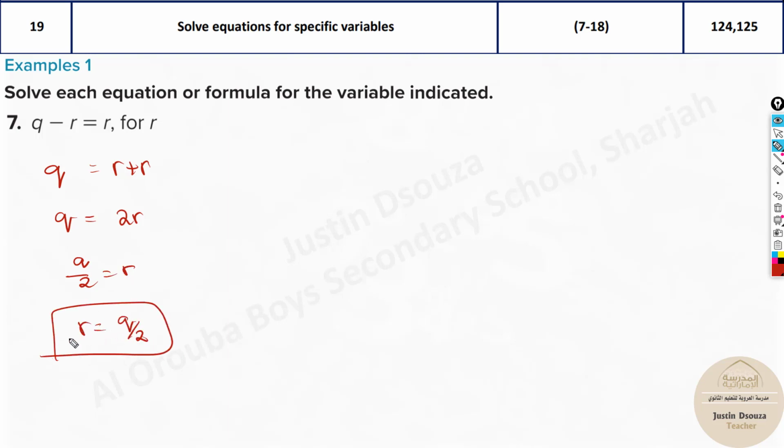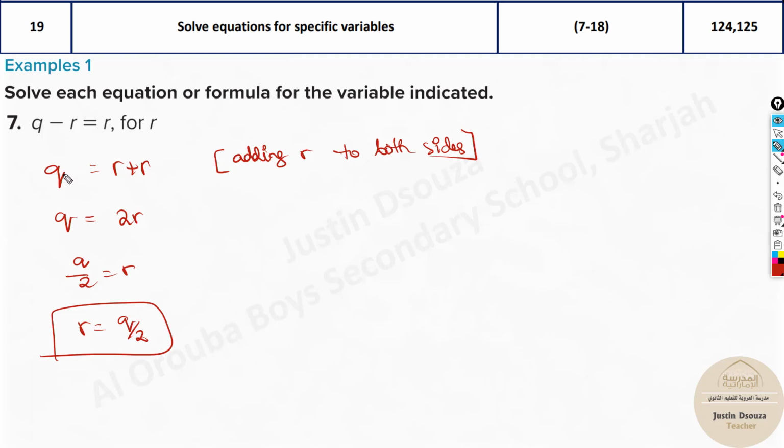This is your answer. Now, if you want more detail, what you can do is write over here: adding R to both sides of the equal sign. That's understood.